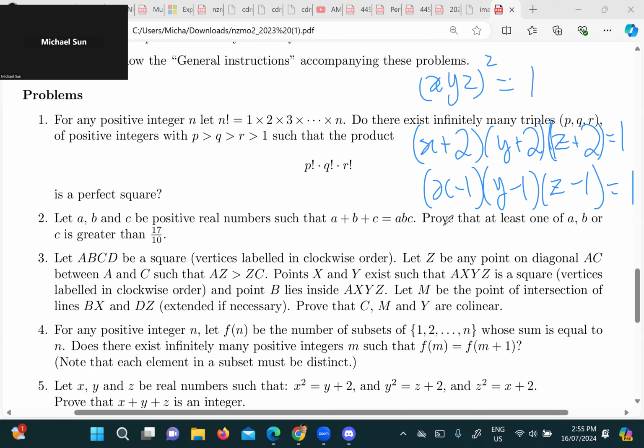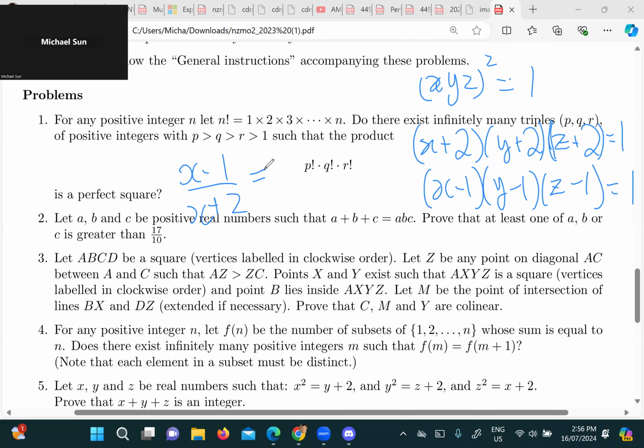So a similar principle applies here. If these are all positive, so if x is greater than -2, y is greater than -2, z is greater than -2, then you can look at (x minus 1) on (x plus 2), yeah?